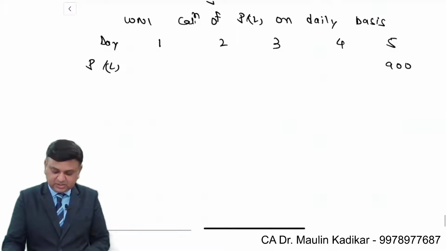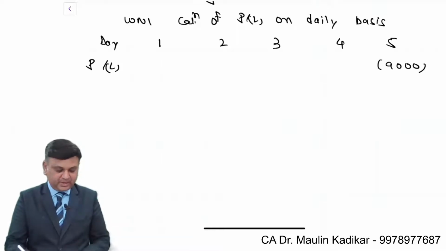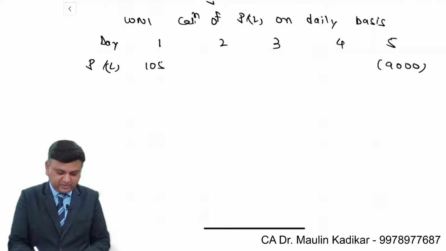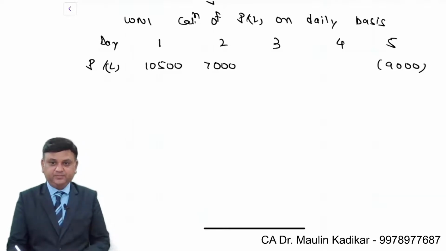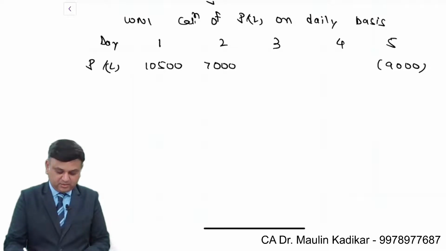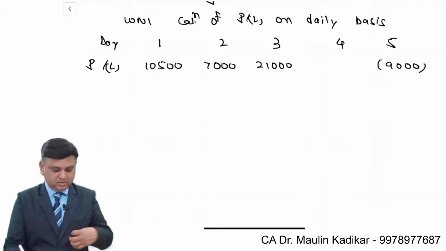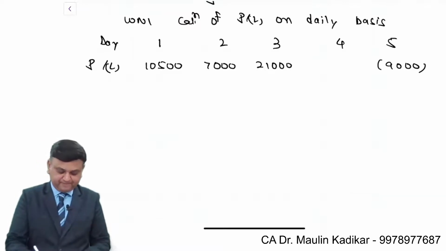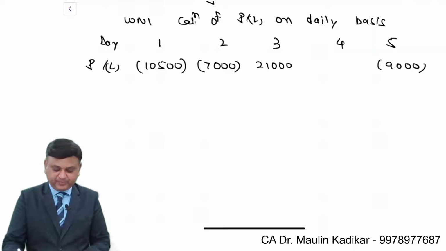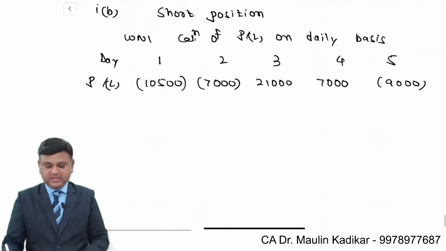So this is 9,000 loss. In the first case, it is 10,500 loss, 7,000 is the loss, then 21,000 is profit, and this is again profit. That is what we understand.